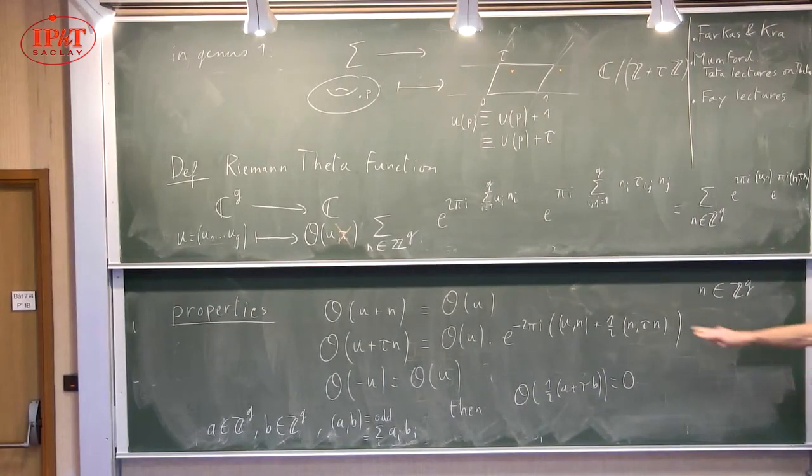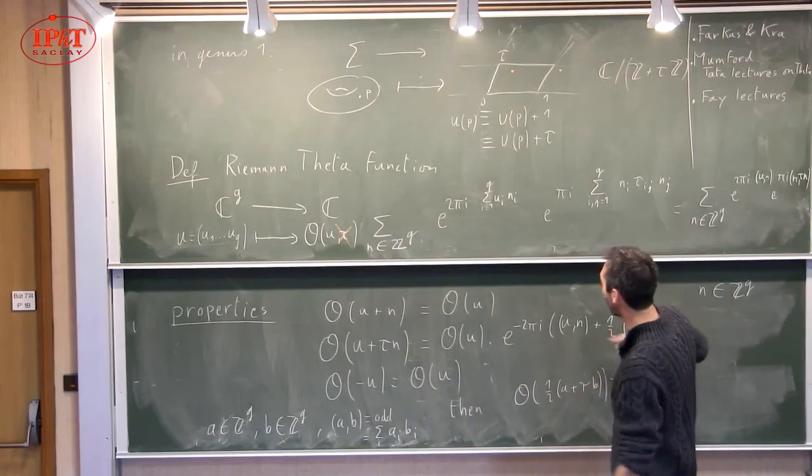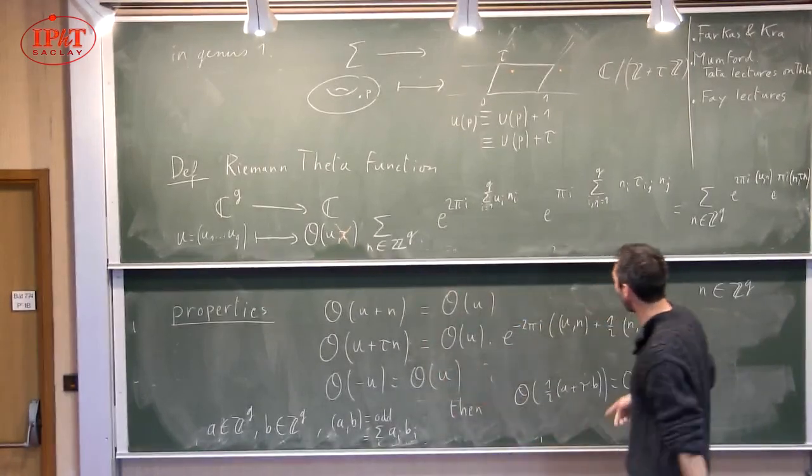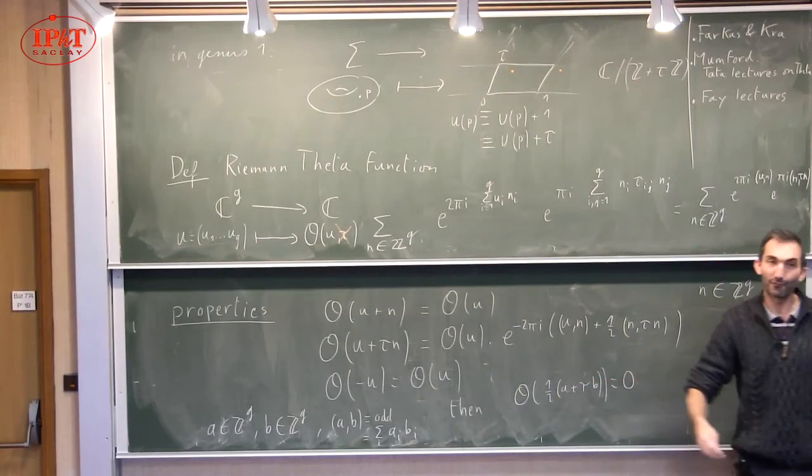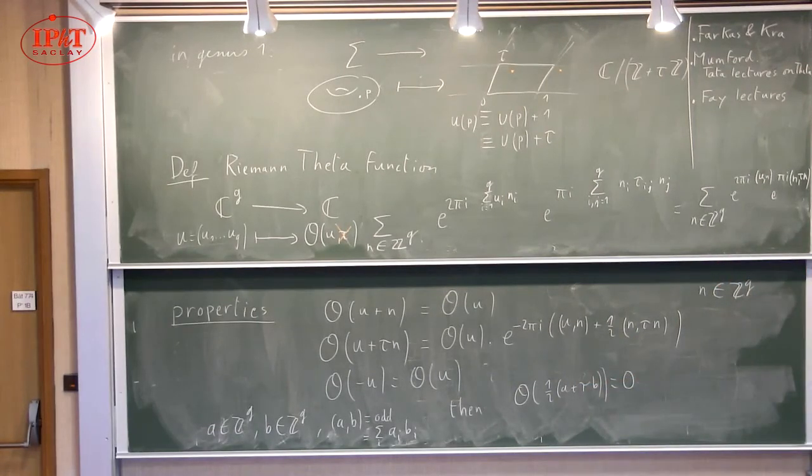By combining those relations, you find that theta of this quantity equals minus theta of the same quantity, so it has to be 0. So we know some zeros of the theta function.